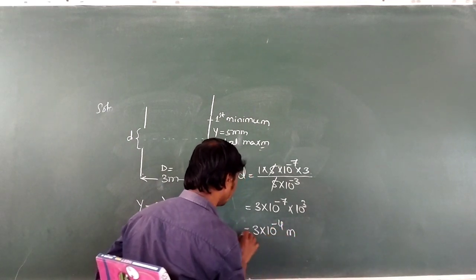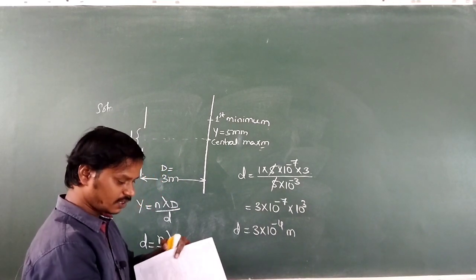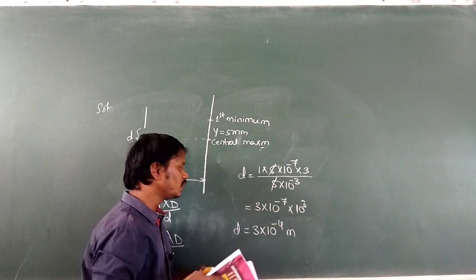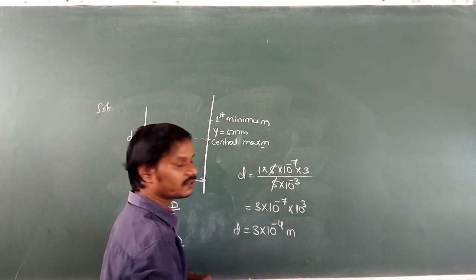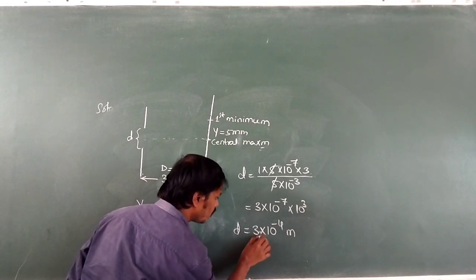This is in meter. But the options given here are in centimeter only, means we have to convert this one to centimeter. Now let us replace. There is a decimal point.